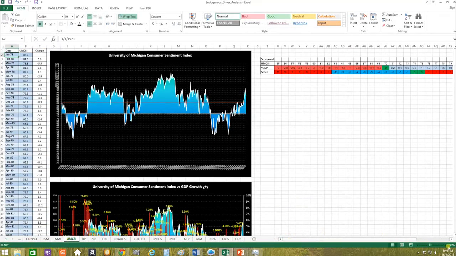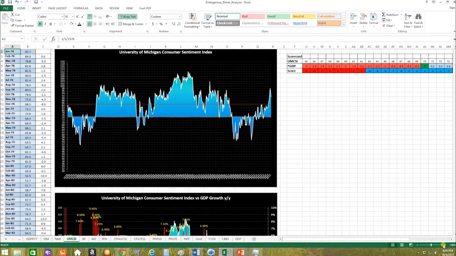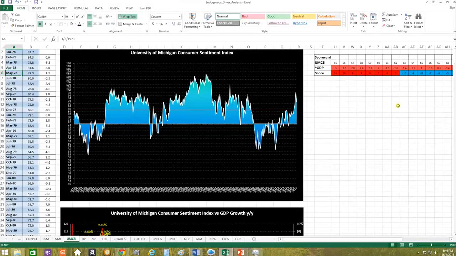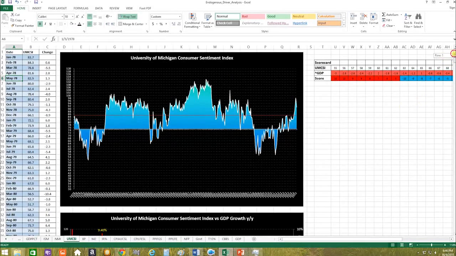In the UMCSI tab, you can see that our data set goes back to 1978, and all we care about here is the absolute level of the UMCSI and the change month on month, not in percentage terms, but in a points analysis. So this is just the change that gets reported every month.